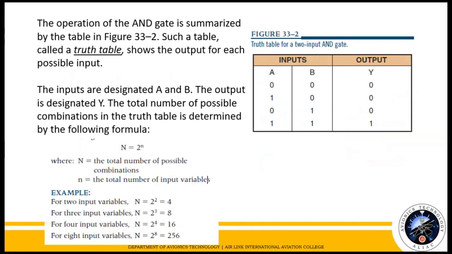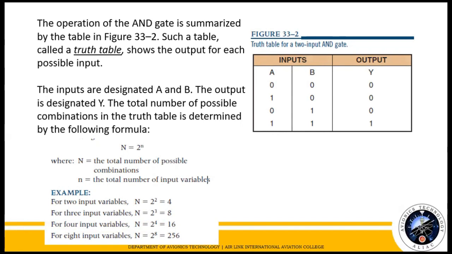So, the operation of the AND gate is summarized by the table and tinatawag itong truth table. Ito yung pinapakita dito yung mga output for each possible input. So, the inputs are designated A and B, and the output is designated Y. The total number of possible combinations in the truth table is determined by the following formula, where N is the total number of possible combinations, and n is the total number of input variables.